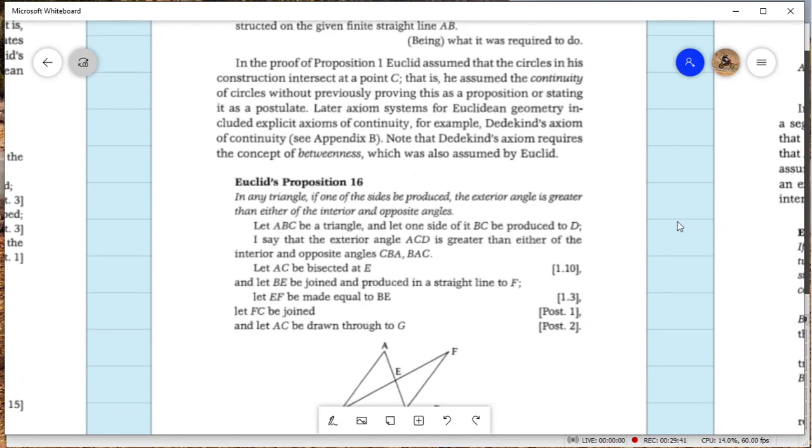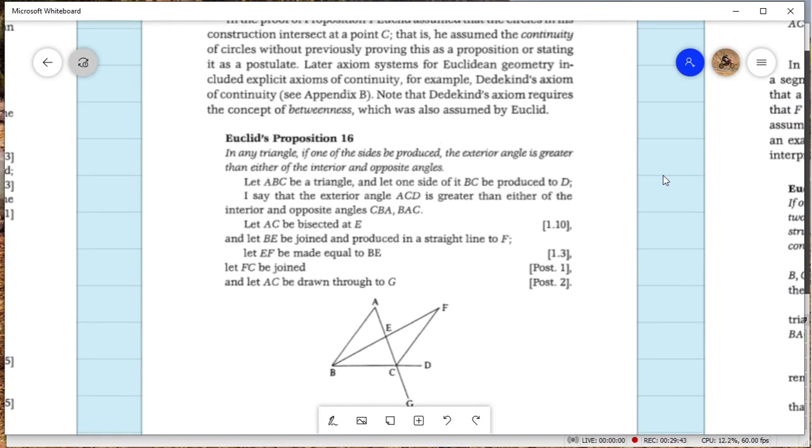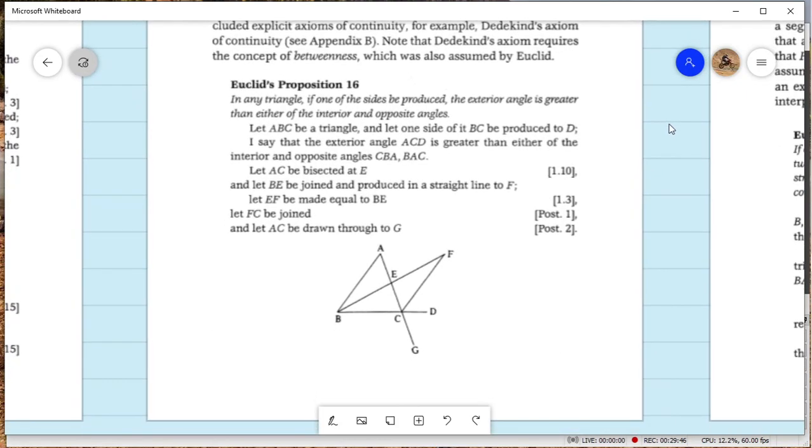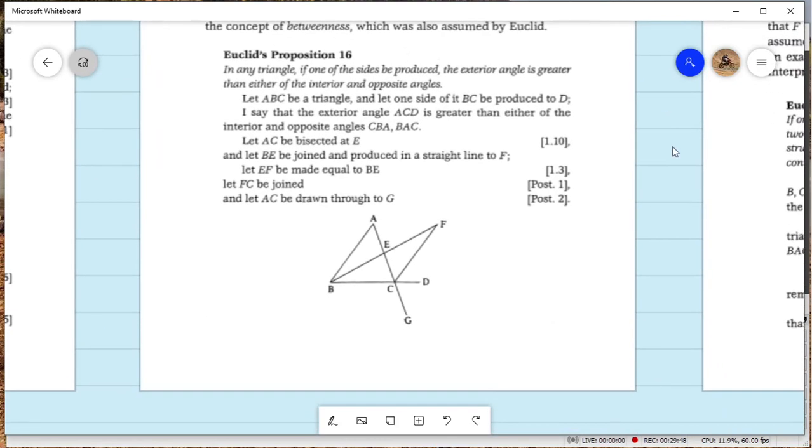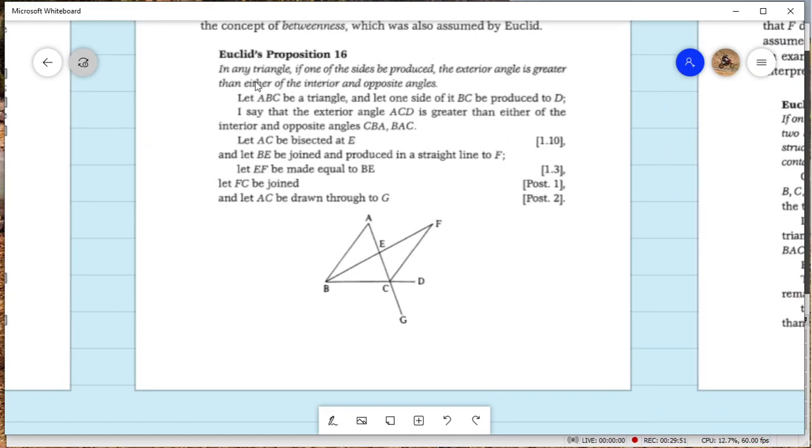Next, we have here the proof of Euclid's proposition 16. In any triangle, if one of the sides is produced, the exterior angle is greater than either of the interior and opposite angles. We now call these the remote interior angles, which is mentioned here as interior and opposite angles. So we see here that we have a triangle ABC.